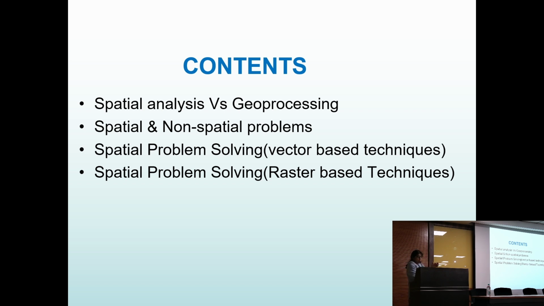Based on that problem, you have to identify the parameters by which you can see. In real world, every problem is multi-criteria problem. You cannot solve the problem by mere considering one single criteria. You have to take into consideration many criteria at a same time.